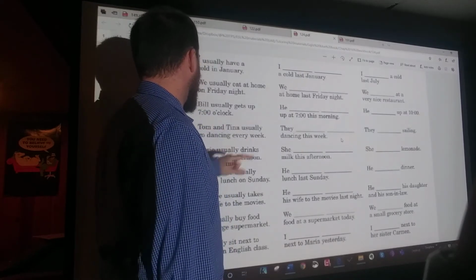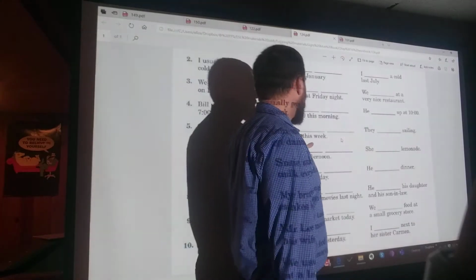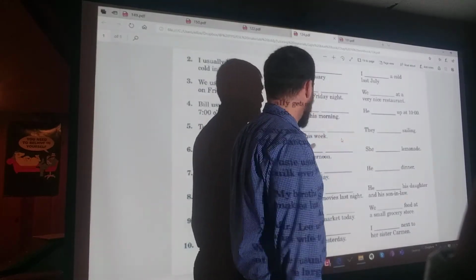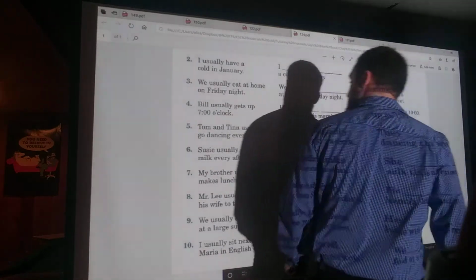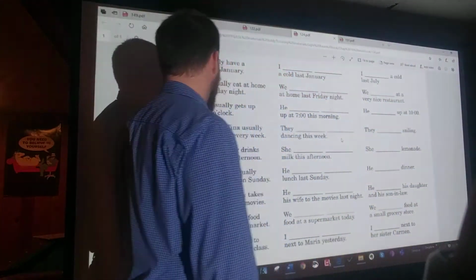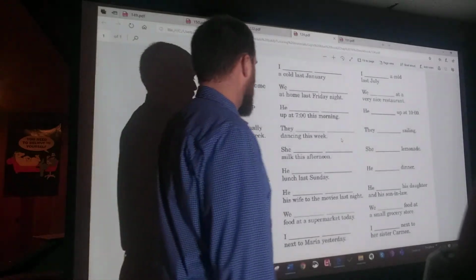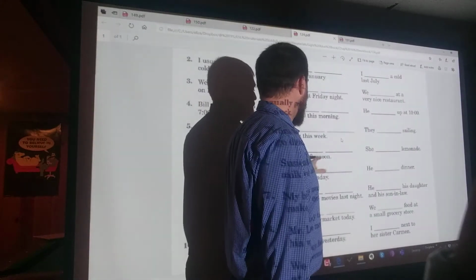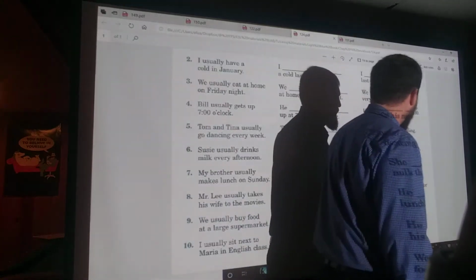Tom and Tina usually go dancing every weekend. They didn't go dancing this weekend. They went sailing. Susie usually drinks milk every afternoon. She didn't drink milk this afternoon. She drank lemonade.